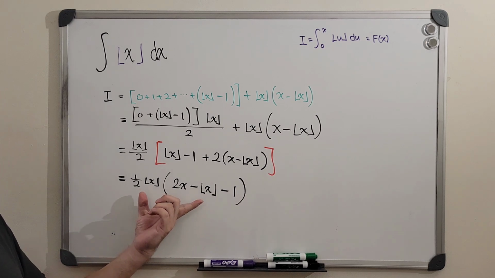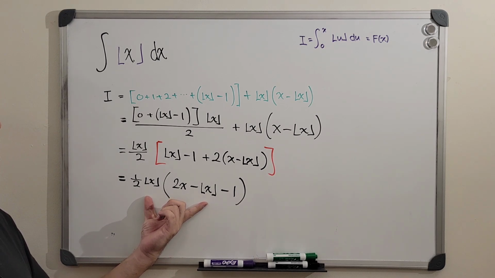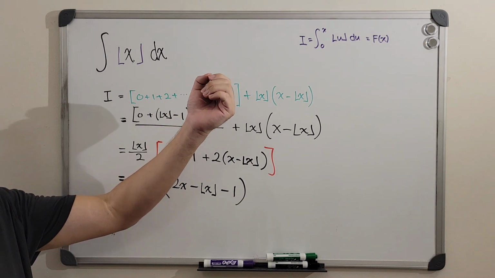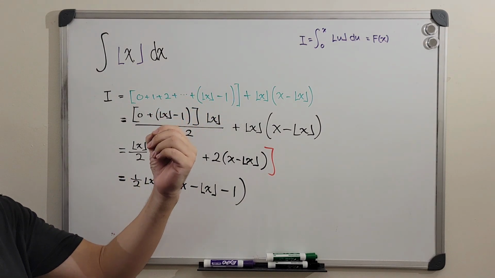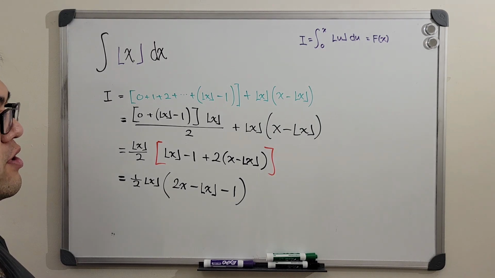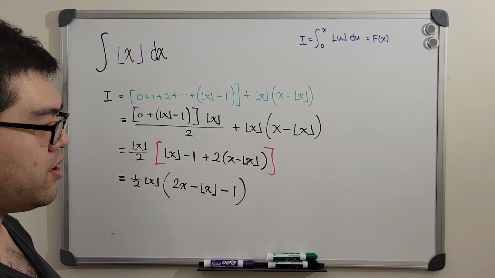So here is going to give us what the expression would look like for the floor function of u and du if we are starting from 0 to some x value.